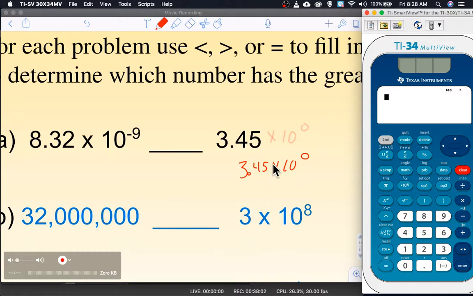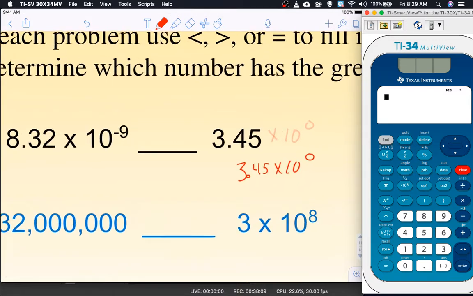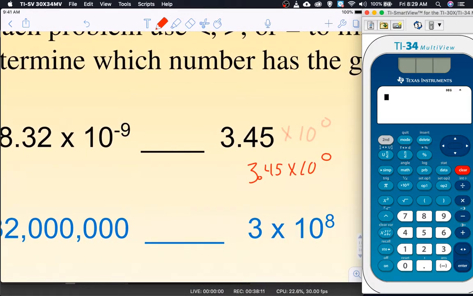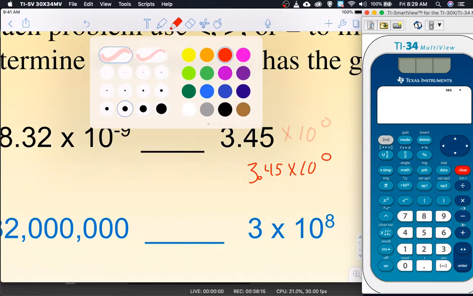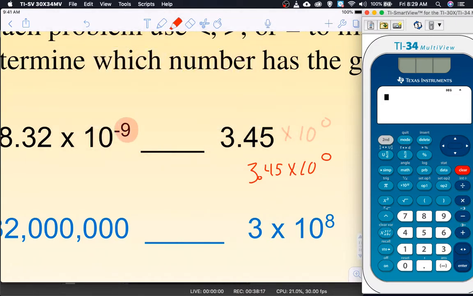So now comparing these two numbers. The way you compare two numbers in scientific notation is you look at the exponent. It is guaranteed the number with the bigger exponent has the bigger value. 100% guaranteed.